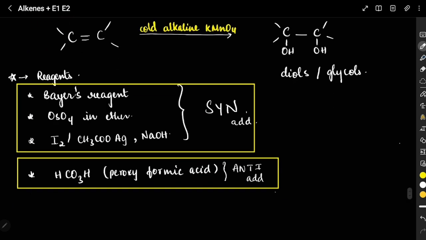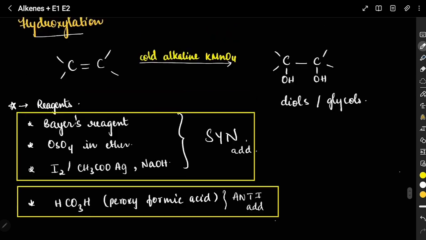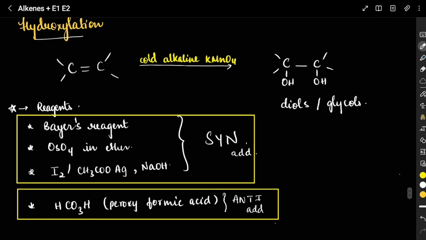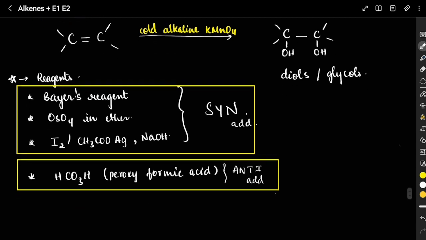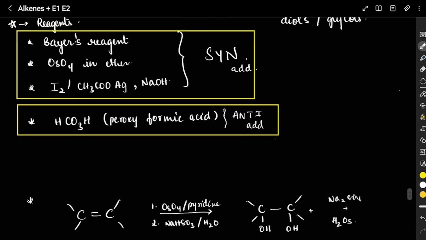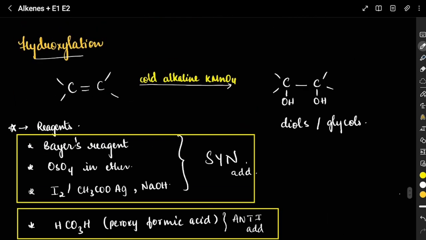Very simple. Now, the catch in hydroxylation reactions is where the complexity of the question lies: the syn addition and anti-addition. Now, there are a few reagents with which we do the hydroxylation reaction. The major one we are going to see is cold alkaline KMnO4, also called Bayer's reagent.